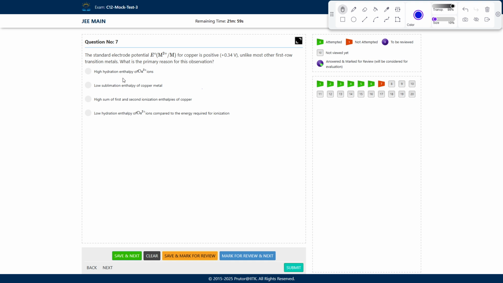We have talked about the hydration enthalpy of copper 2 positive ion. If you remember, the positive E naught, the standard electrode potential for copper, is going to be positive due to the higher energy required for the conversion of copper solid to copper 2 positive, directly from the solid form to the aqueous form.